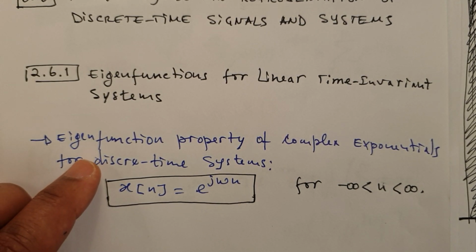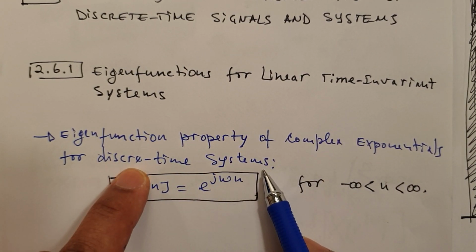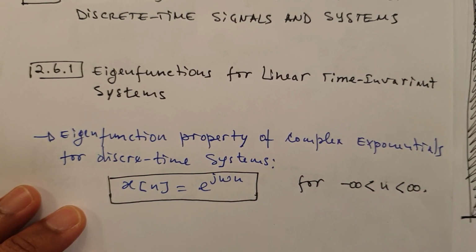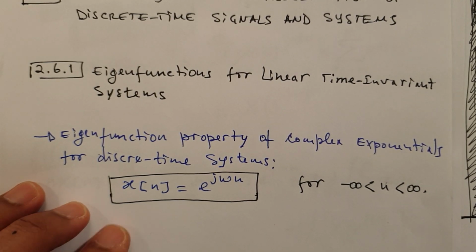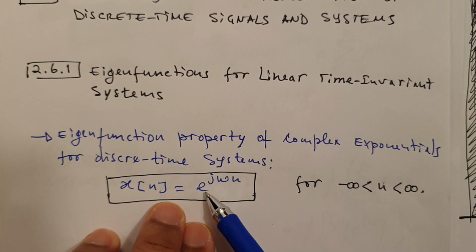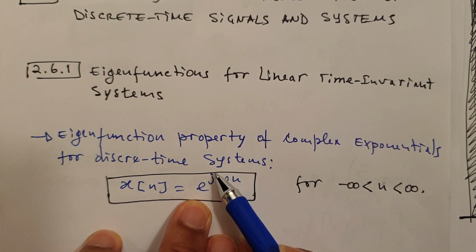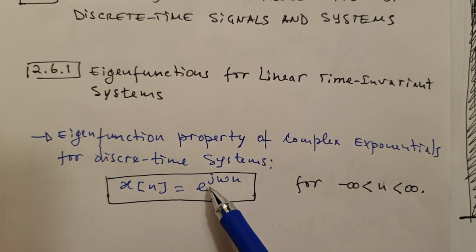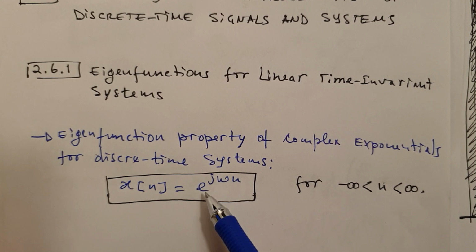So this eigenvalue property of complex exponentials for discrete time systems is a very interesting property, because as we saw in the basic example when we talked about the ideal delay system previously, when we have a signal like this as input to the system, the output of the system will be a scaled version or a delayed version, because it will be actually scaled by a complex value.